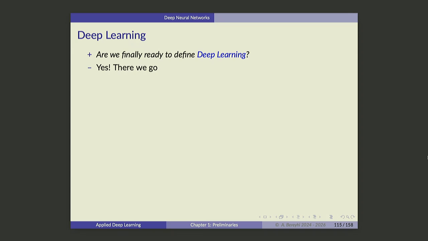Right now, you do know what is machine learning, what is a neural network, what is a deep neural network, and what is a learning task, right? Basically, you want to do that function approximation. As a model, you use a neural network. And if you set that neural network to be deep, it means that it has more than one hidden layer, then you are doing deep neural network, right?